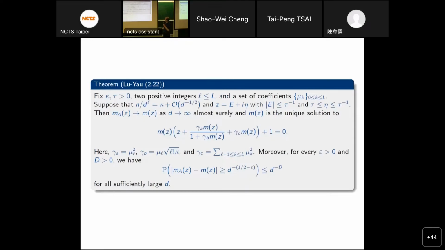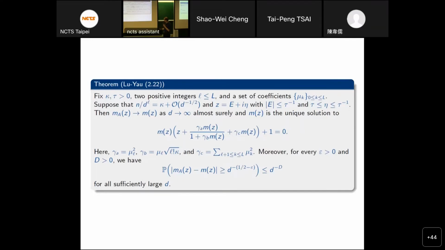Suppose n and d have this relation. Then we find that the Stieltjes transform of this nonlinear model is characterized by this equation. In this equation, the coefficients gamma A, gamma B, gamma C: gamma A is exactly the coefficient mu_L squared.